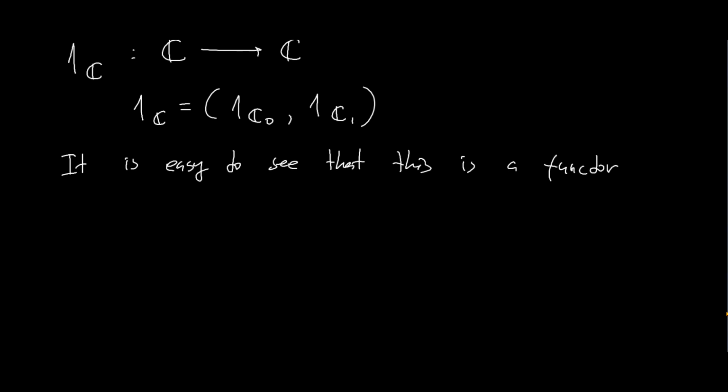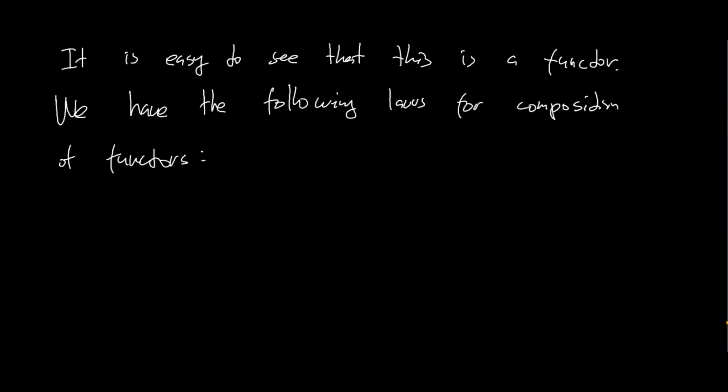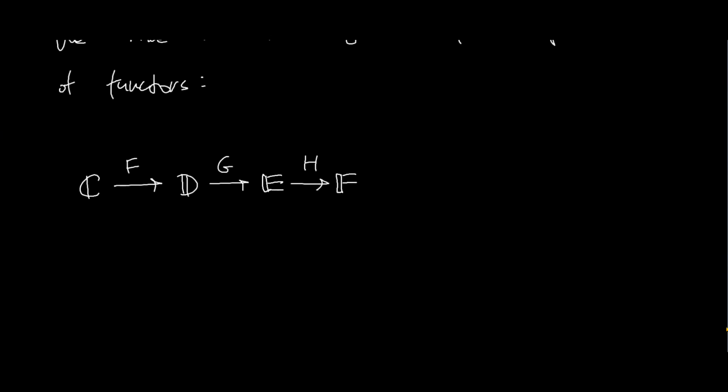And in fact, it's not difficult to check that we have the following laws for composition of functors. So if I have 4 categories and 3 functors, F, G, and H. Remember, composition of functors is just composing the object maps and the function maps.